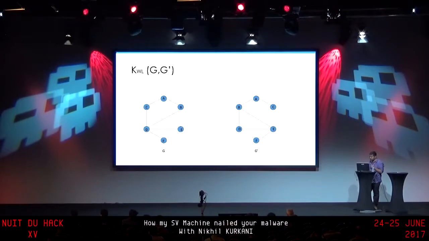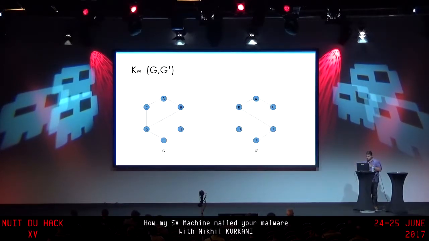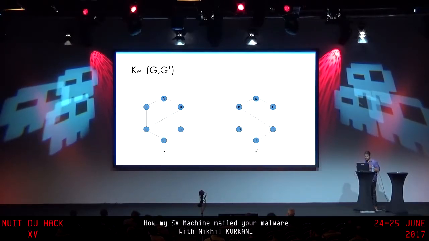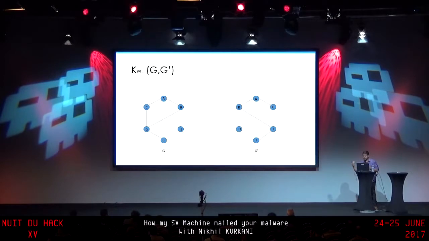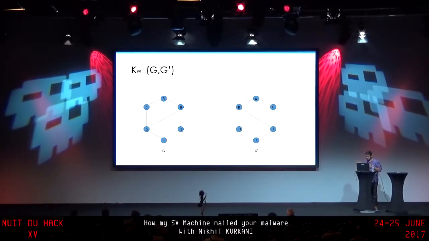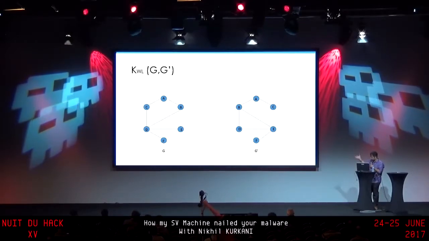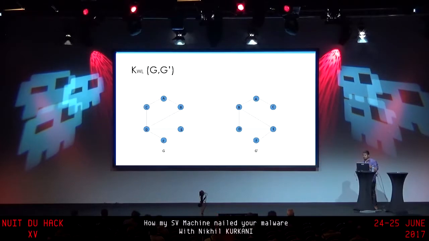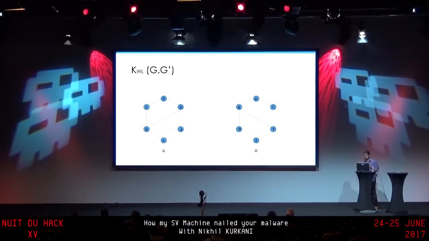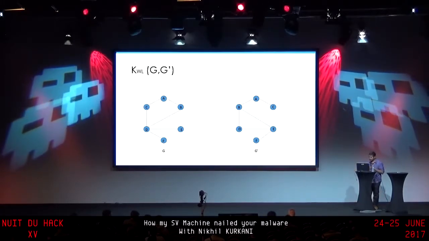In the G and G prime case, we first search for the label functions and their frequencies, the number of times these different nodes have occurred. For example, let's say G and G prime, we have these frequency vectors in terms of the functions. Once we are done with that, we take a dot product to see how similar they are based on the number of occurrences.